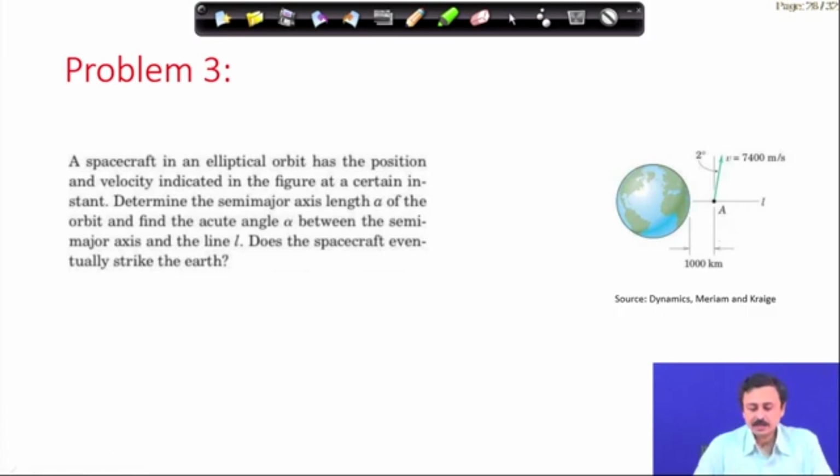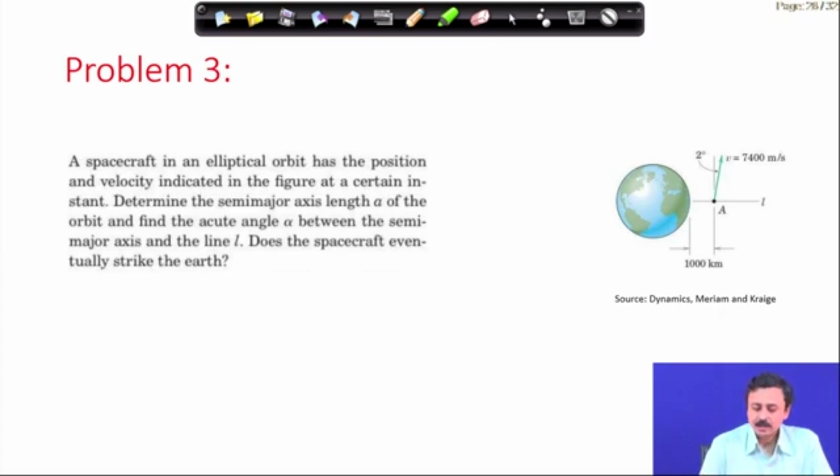A spacecraft in an elliptical orbit has the position and velocity indicated in the figure at a certain instant. Determine the semi-major axis length A of the orbit and find the acute angle alpha between the semi-major axis and the line L. Now, this line L has been shown here. Does the spacecraft eventually strike the Earth?